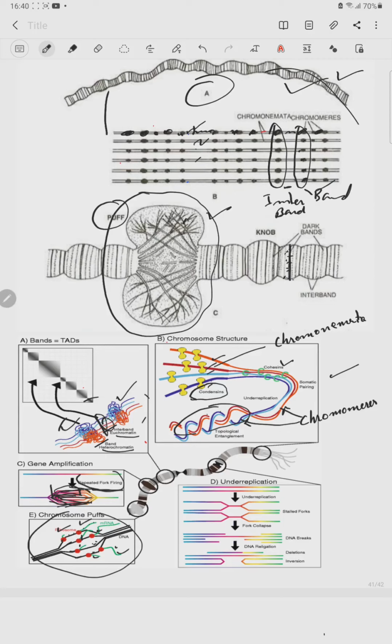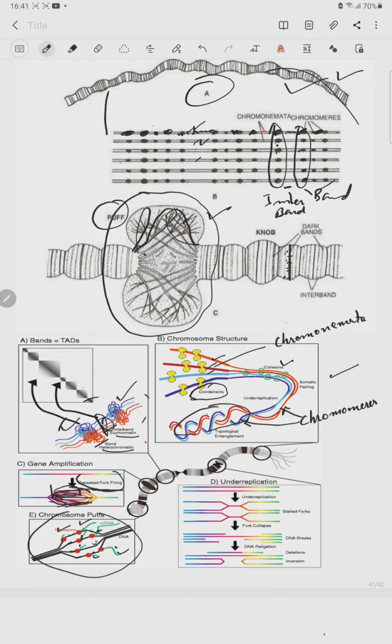At this site, the highly compact DNA molecules uncoil and result in the formation of rings, and these rings are known as Balbiani rings.